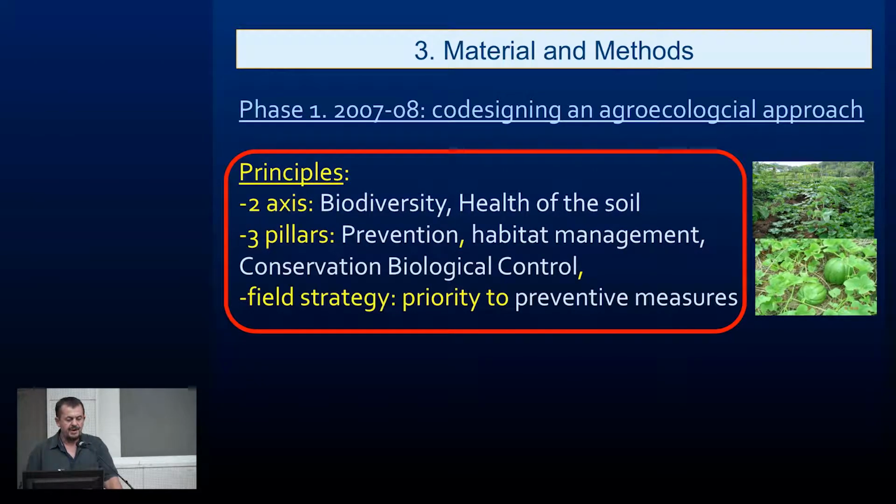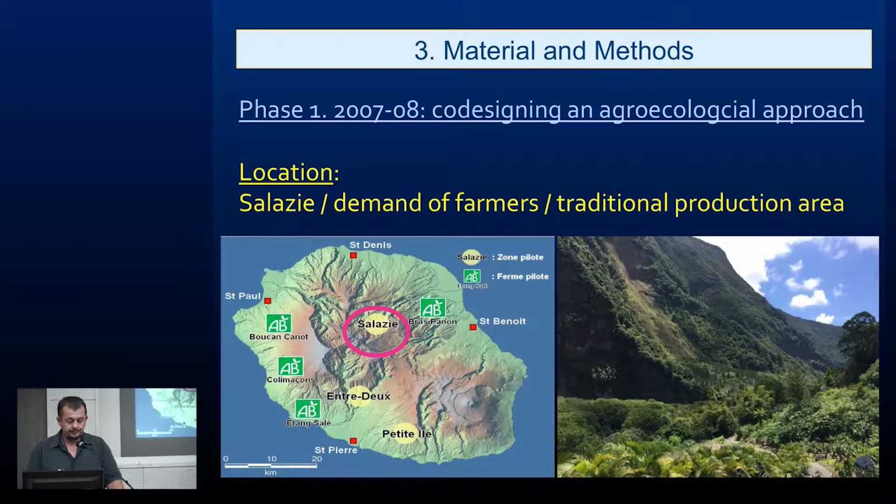I remind here two axes: biodiversity and health of the soil, and three pillars: prevention, habitat management, and conservation biological control, and a field strategy where the priority is given to preventive measures.